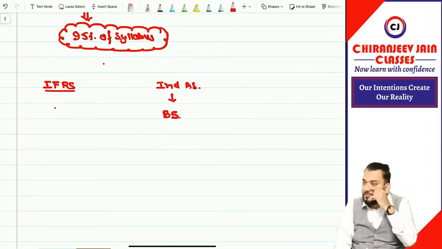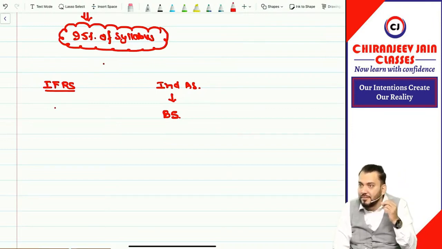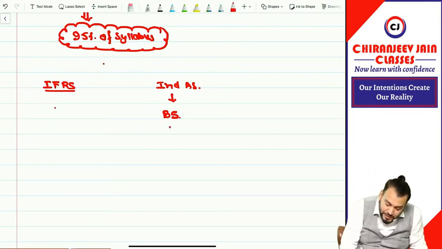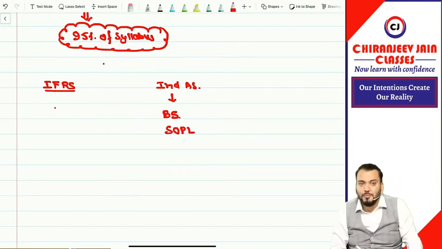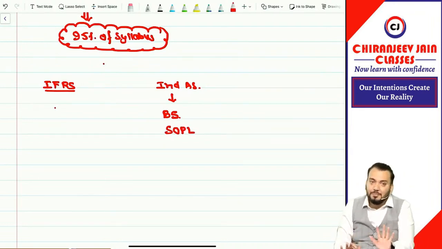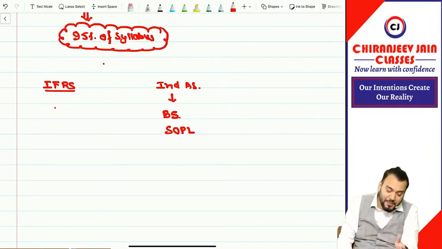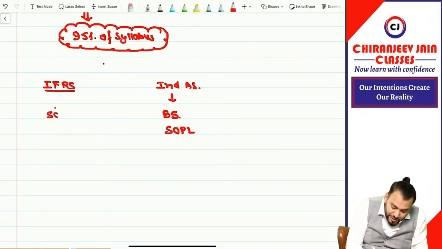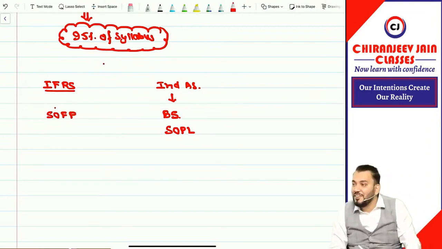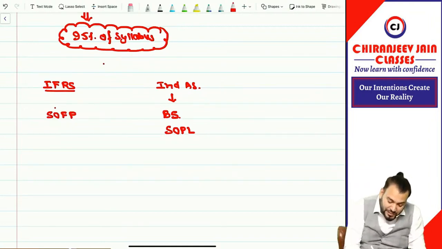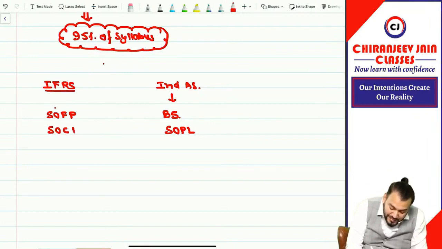balance sheet. You know balance sheet? Correct? And statement of PL, profit and loss. Statement of profit and loss as per Ind AS. But in IFRS, it is what? Statement of financial position, and statement of comprehensive income.